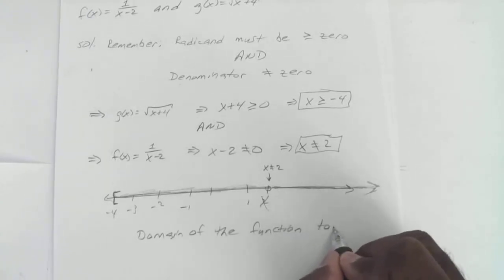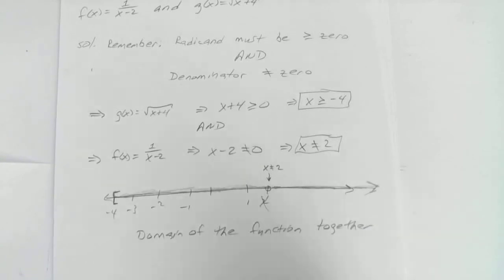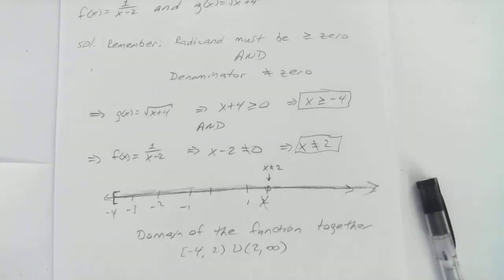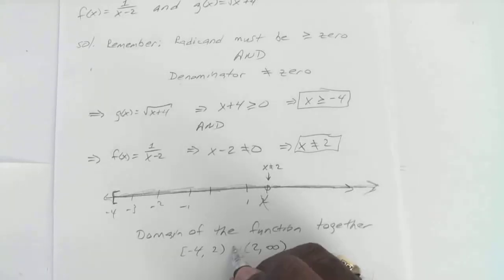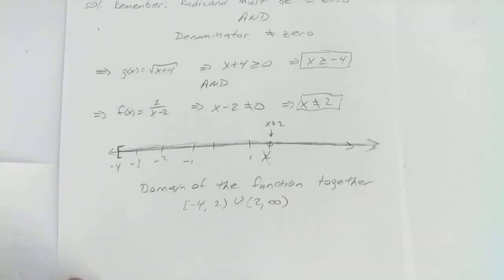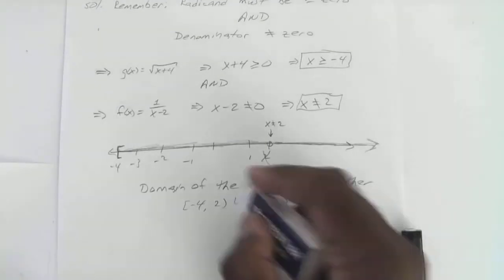Okay, so this is the functions together. It's just from negative 4 to 2, and then it skips over and goes from 2 to infinity. Oh, that should be the union symbol there. Let me make a better looking one than that.